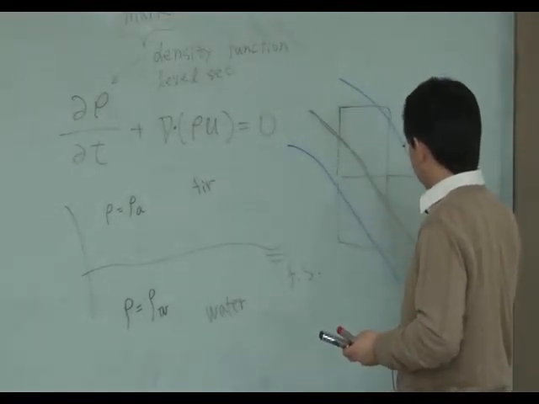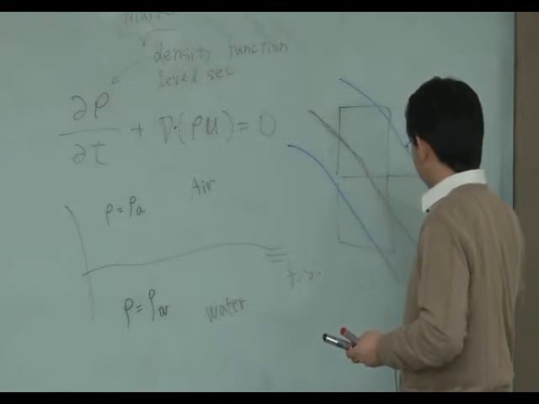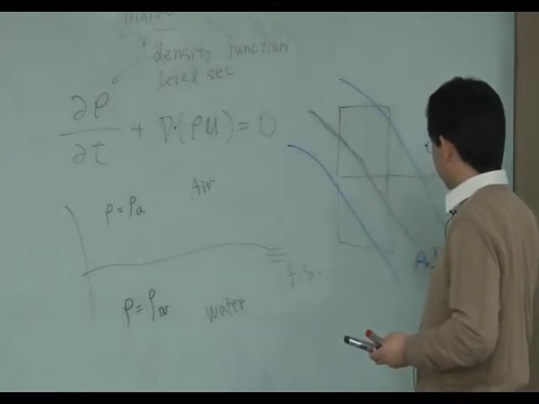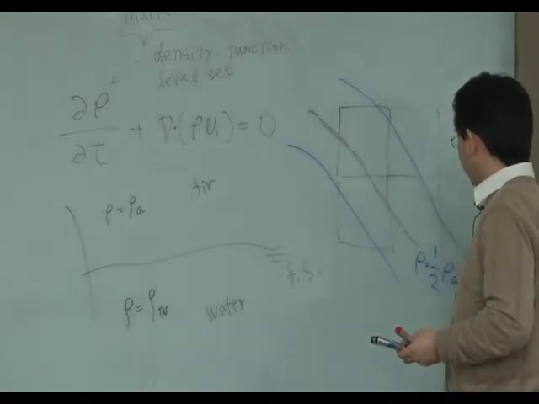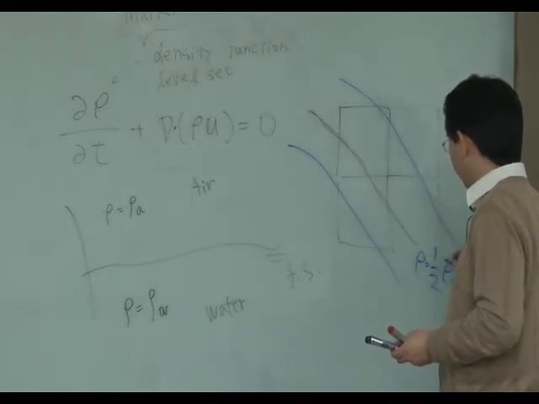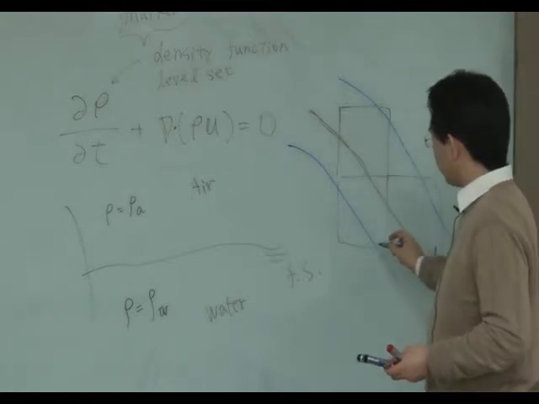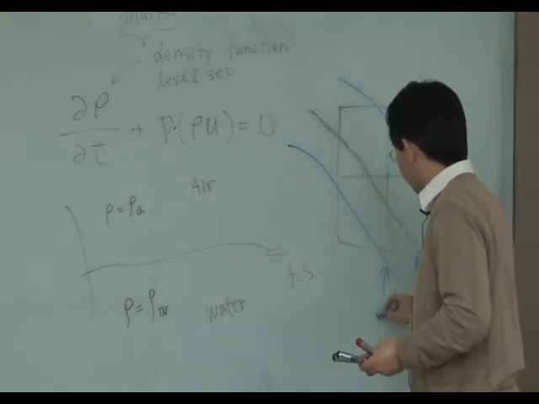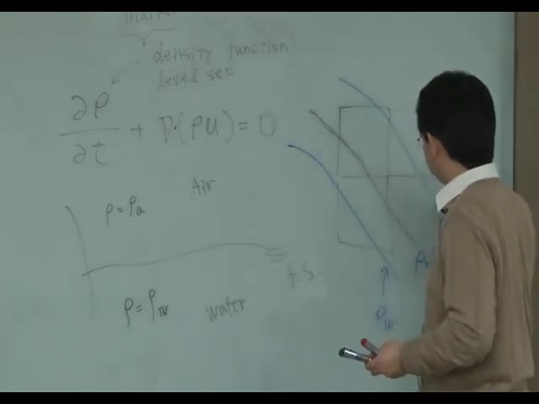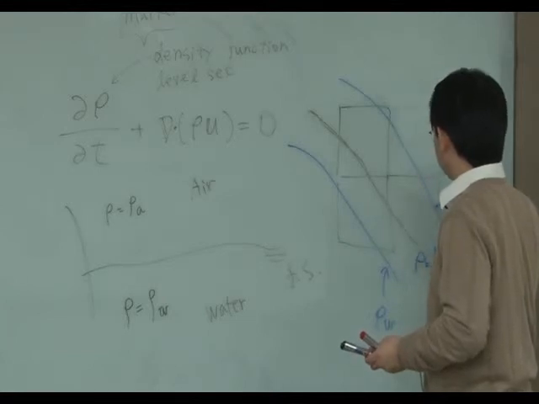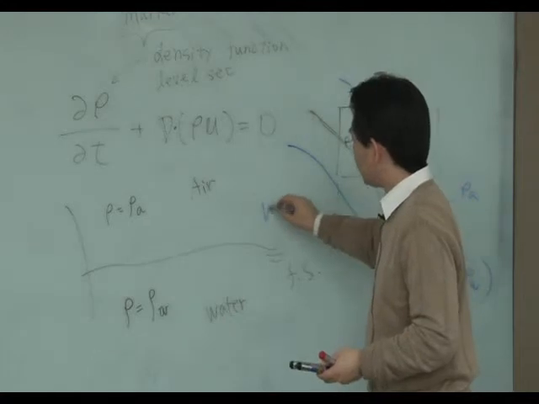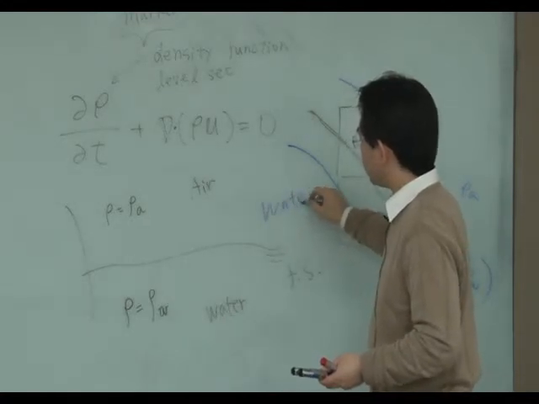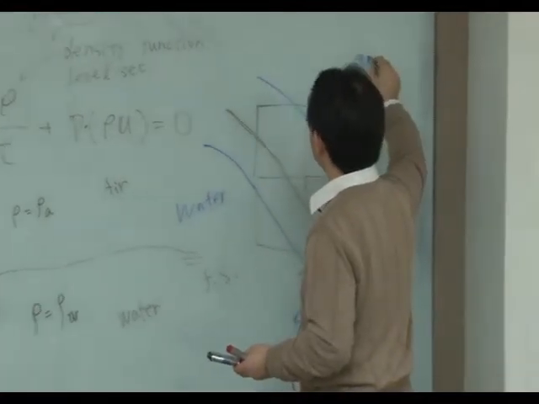In the center line, rho is equal to the mid value of rho A and rho W. This line is rho W, and this line is rho A. So this region is water, and this region is air.